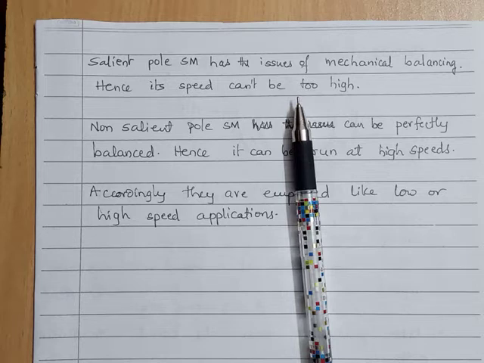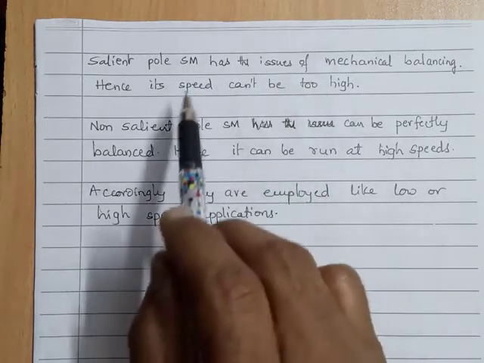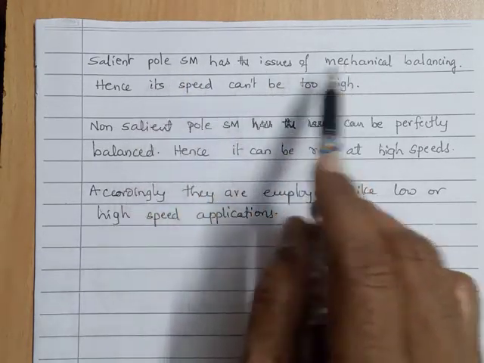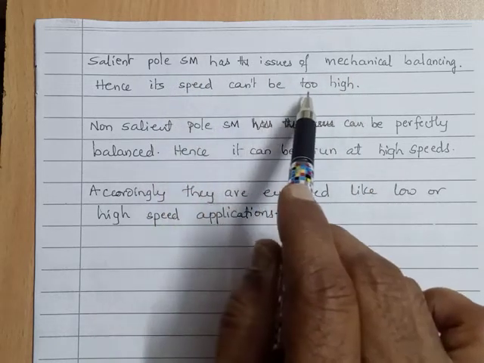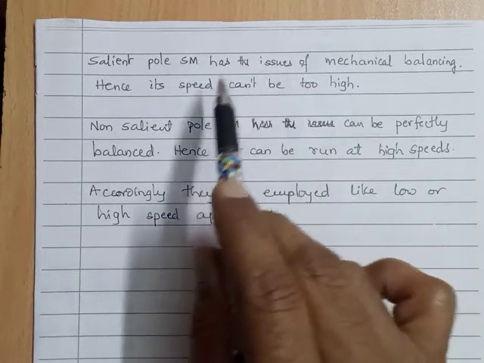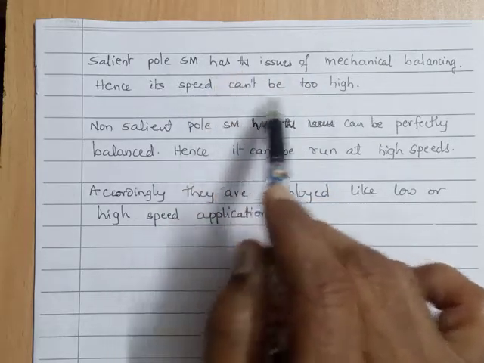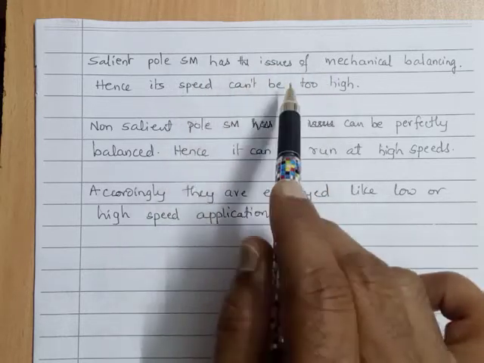And if this becomes too much, the shaft itself might physically, mechanically fail. That's very serious. Normally, to avoid that, when the construction is projecting pole type, the speed is not made more. Hope you are catching that. So these machines with salient poles are characterized by low speed.